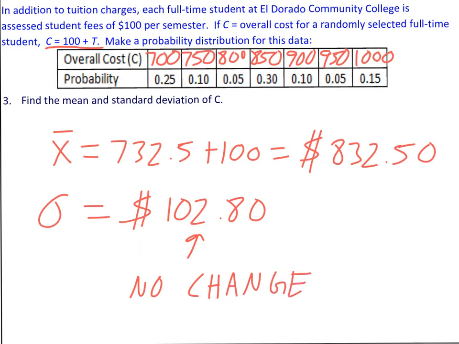You will see no change. If you're adding a constant to a distribution, remember, it just moves all the data points together and they don't get more spread out. So sigma did not change.